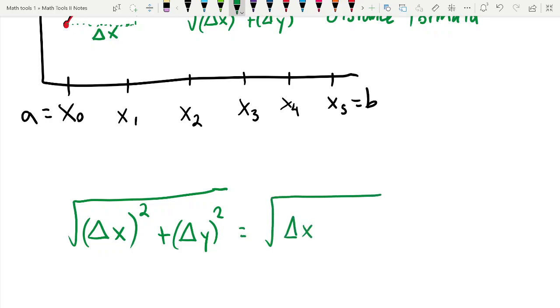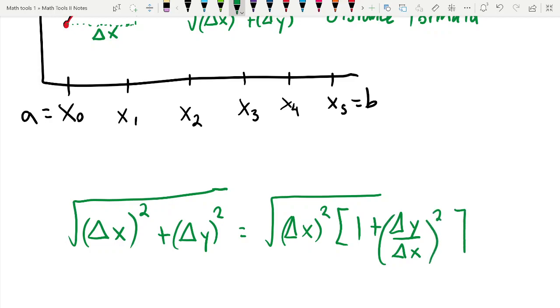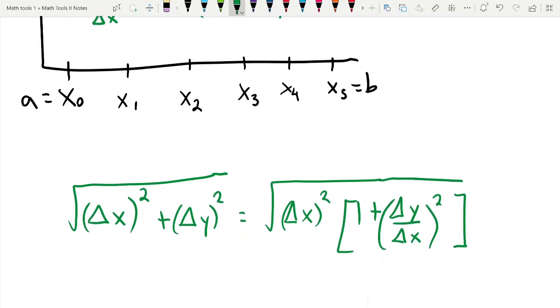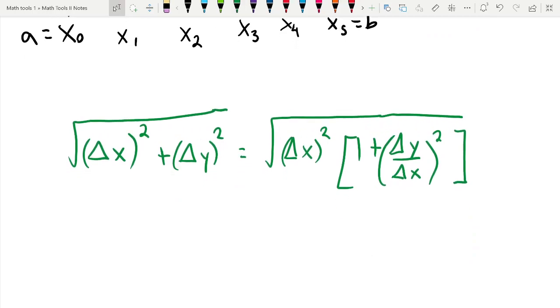We'll factor out a delta x squared from both of these terms here. So this would be 1 plus delta y over delta x squared. So we're doing a little bit of forced factoring here. And then this allows us to then pull out the delta x squared part because now it's being multiplied in there. Just make that clear that that's a 1 here.